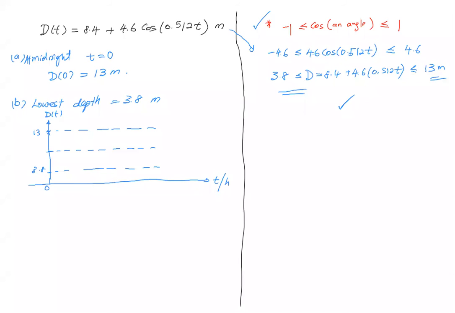Okay, 8.6. 4.6 cos 0.15. Did you put 0.15? Did you key this correctly? Never mind, I'll go and check my answer.